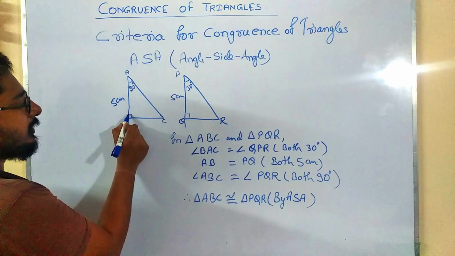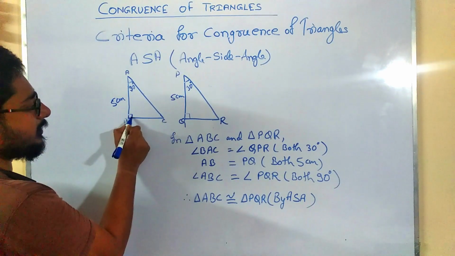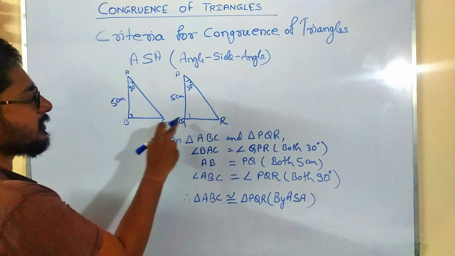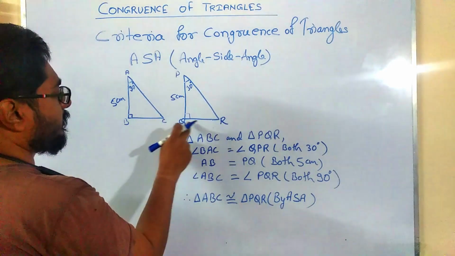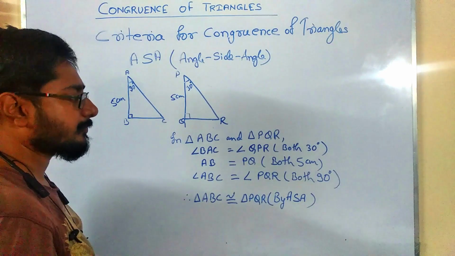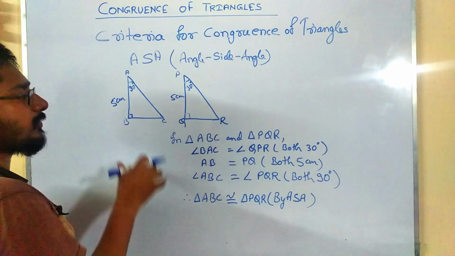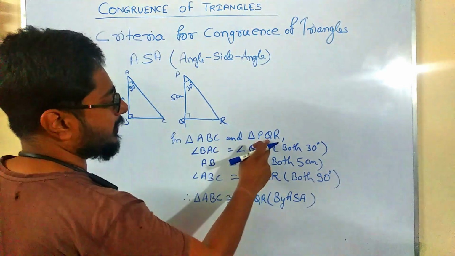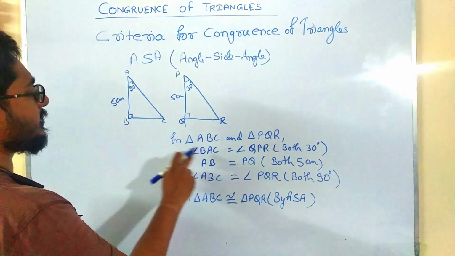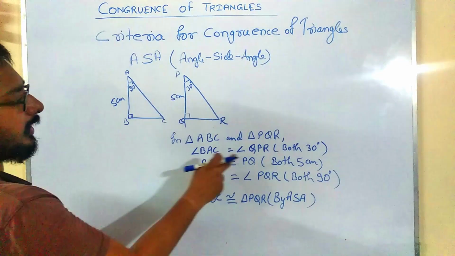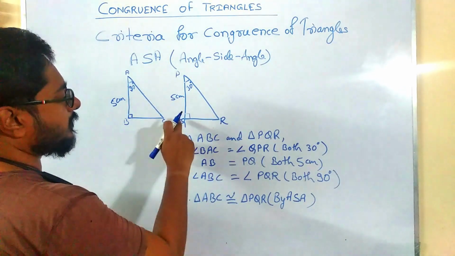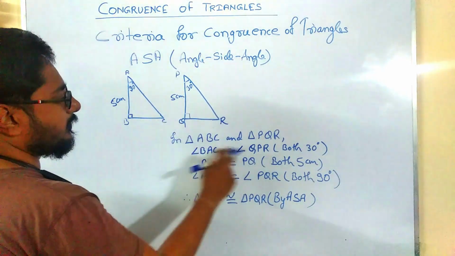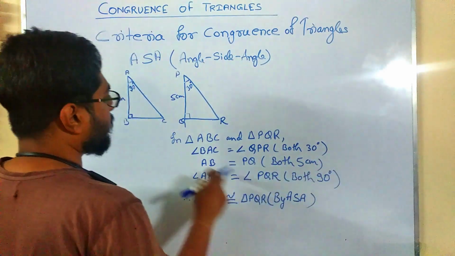But I want to say, whenever you see this type of figure or angle, you have to understand that the angle is of 90 degree. So we have to prove them congruent. So we will write in triangle ABC and triangle PQR, angle BAC and angle QPR, both having value 30 degrees.